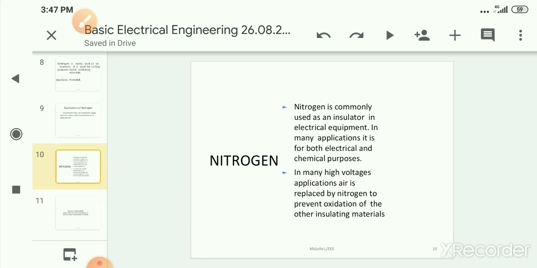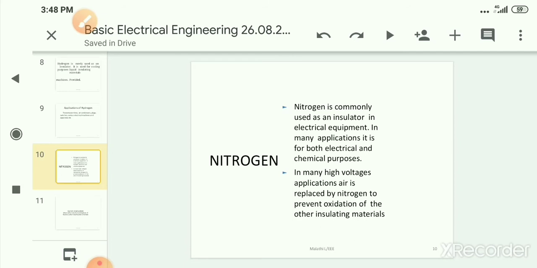In many high voltage applications, air is replaced by nitrogen due to this property only, because it prevents oxidation of the other insulating materials.